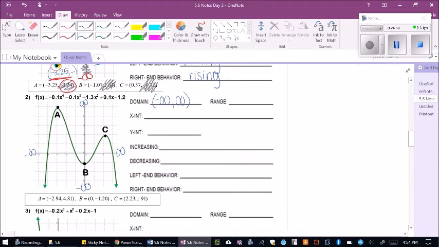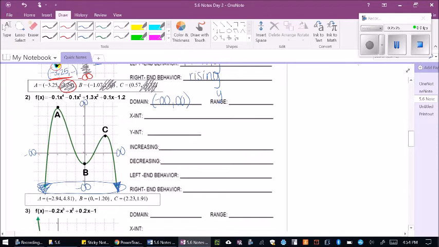Then the range. Now what we're going to do is look for the lowest point to the highest point, and I'm looking in terms of the y values when I do this. If I look at the lowest point of the graph down here, I'm going to see that I have arrows there. So I can't name that lowest value, it's going to go forever and ever.